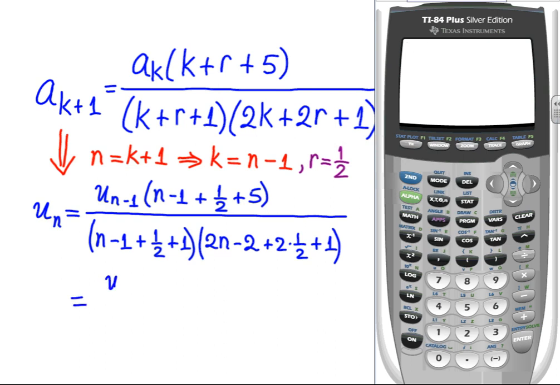We have u of n minus 1. At the top we have 5 minus 1 is 4, so it will be n plus 4.5. We use the calculator, so we're just going to leave 4.5. At the bottom, minus 1 and 1 cancel, we have n plus 1/2.